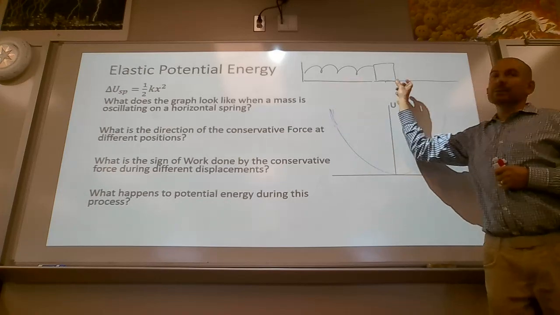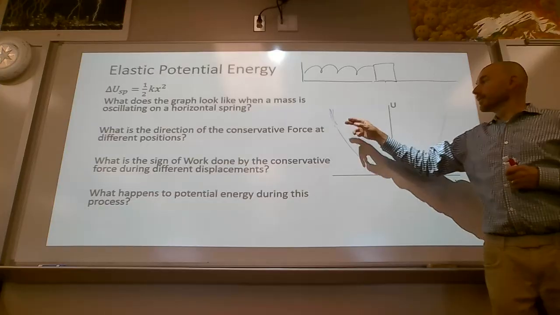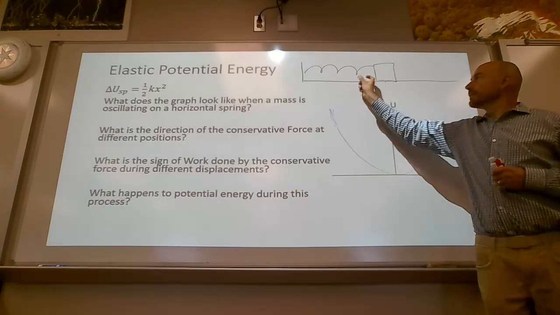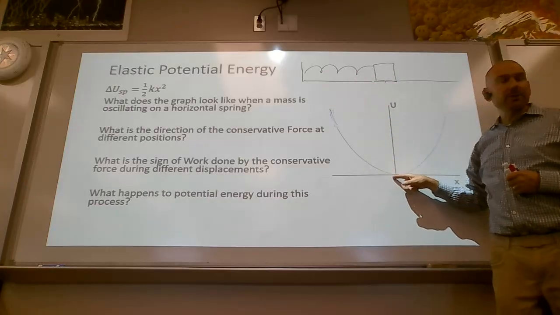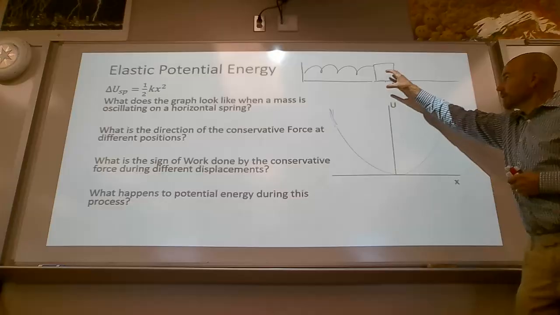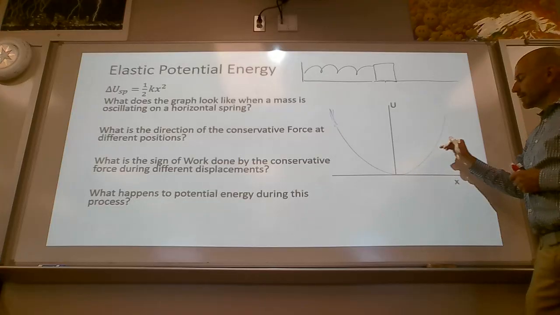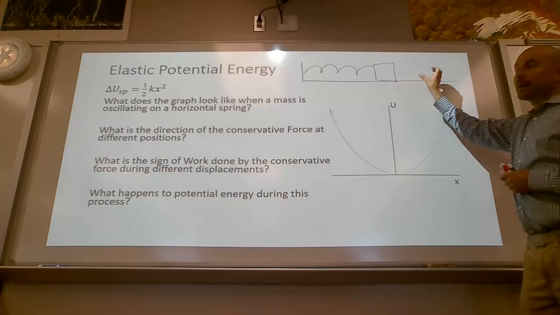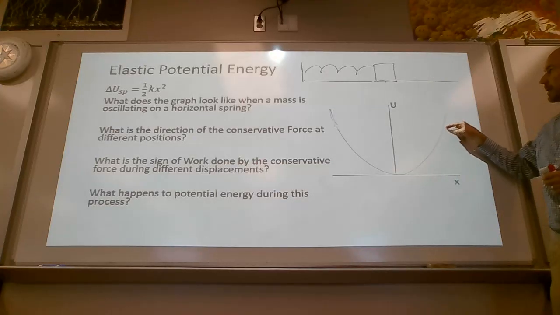As it comes back this way, displacement is positive, and the force is also positive. So it's doing positive work. We're decreasing potential energy. As it goes over here, you have a positive slope, negative force, positive displacement, so you have negative work done by the spring, and you're increasing potential energy.